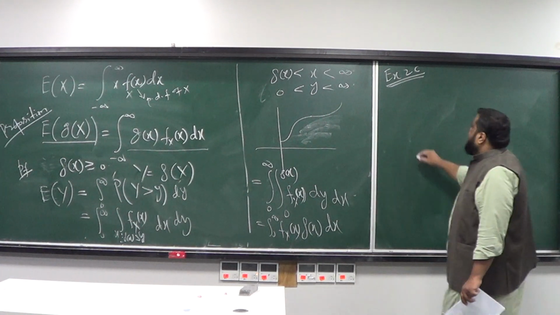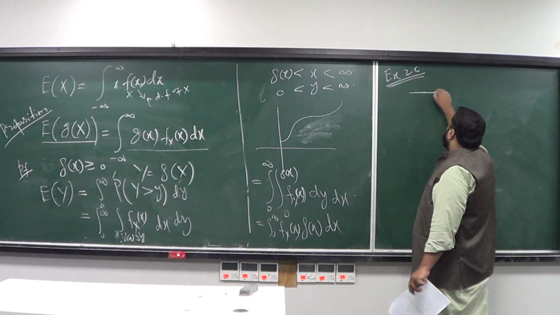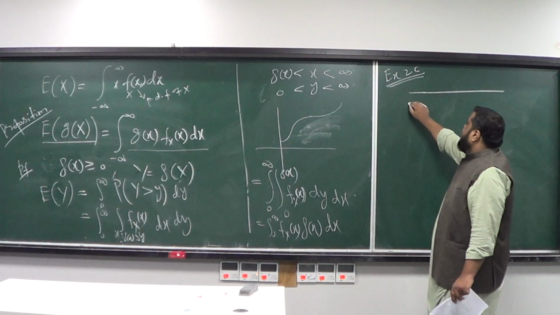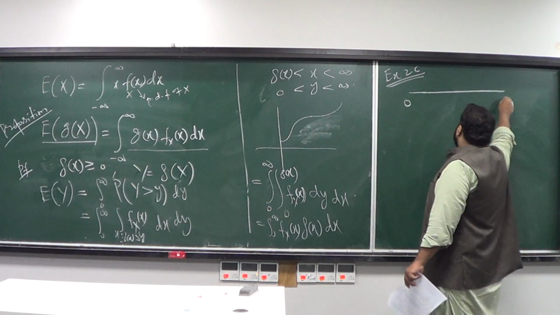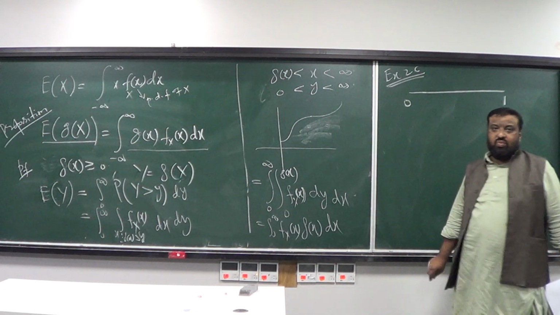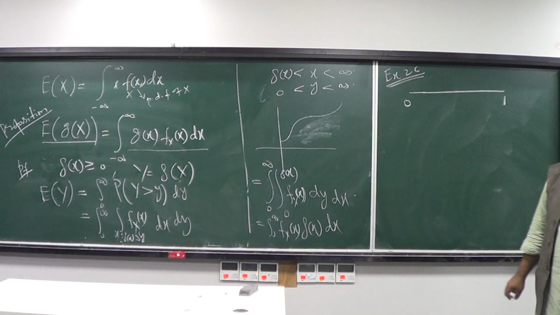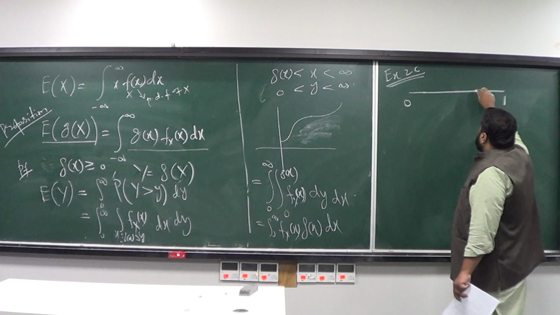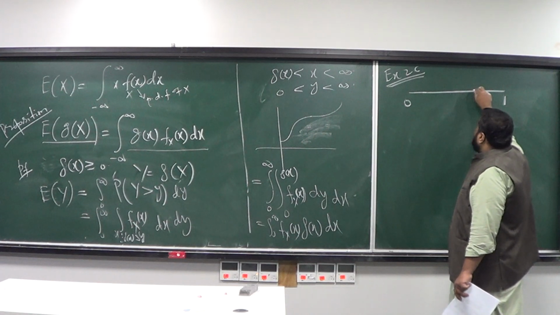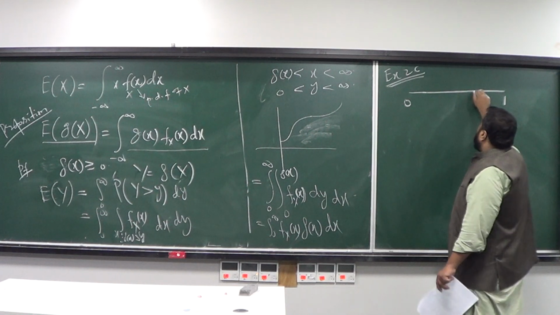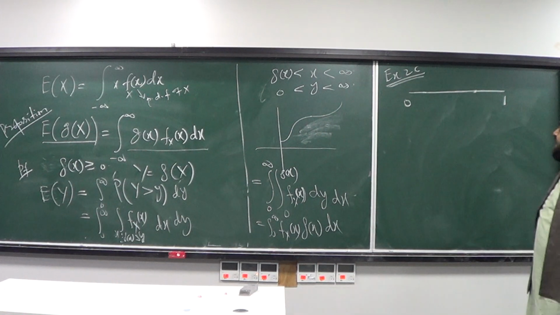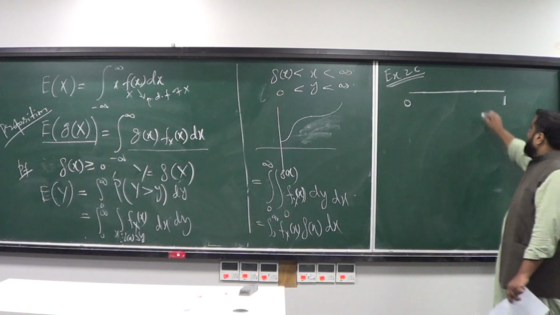This says that imagine you have a stick, a stick of unit length. So imagine that this length is 0 to 1. And you choose randomly a point on this stick, and you colored it.